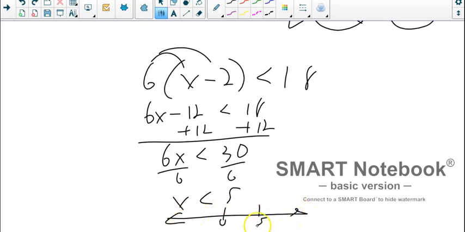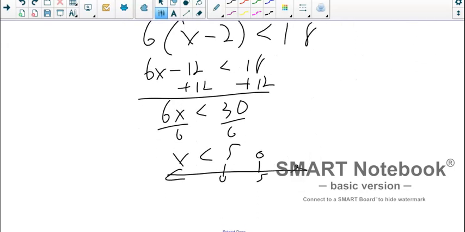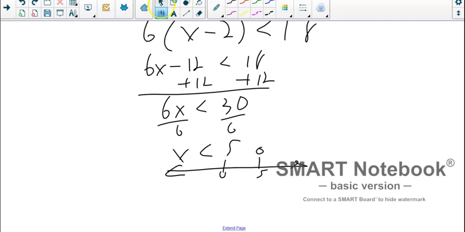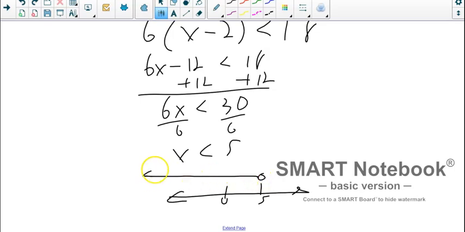Here's 0, here's 5. Remember, we use open dots for less than. We use open dot, closed dot, closed dot. So this would simply be less than 5.